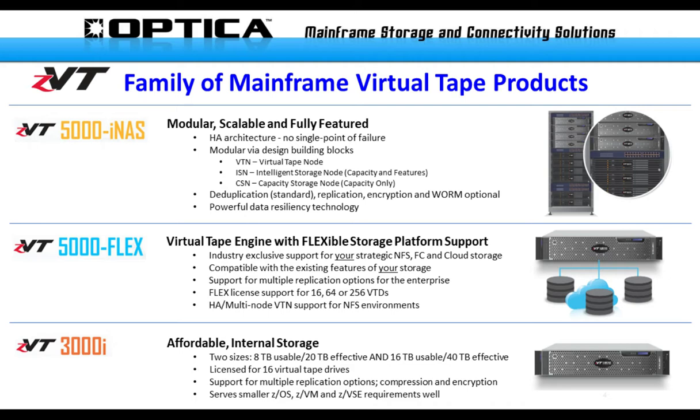So as you're growing your system, you can add capacity storage nodes without interruption to scale the capacity within the system seamlessly. So as far as feature set, deduplication and compression are standard features in the INAS system, and then replication, various flavors of replication, encryption, worm, those are examples of optional features that you can choose to add to the INAS system.